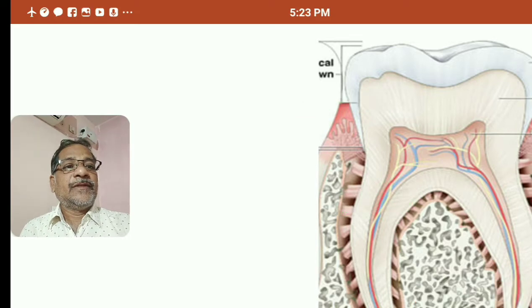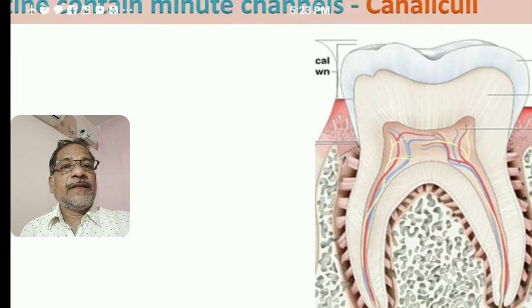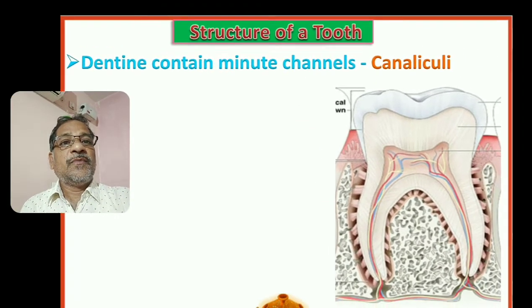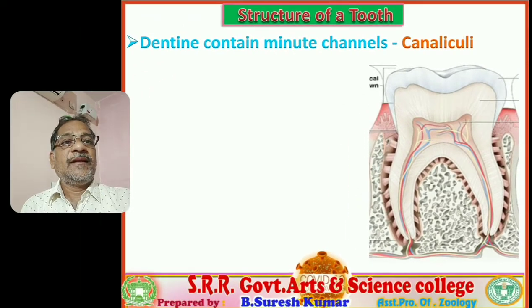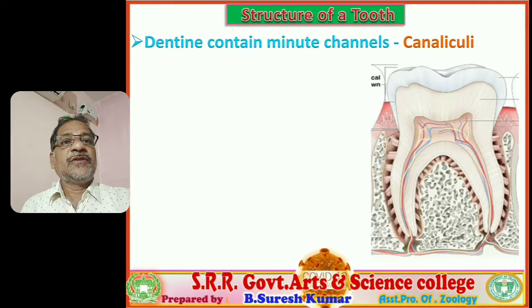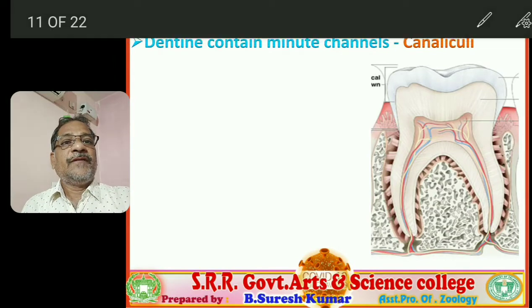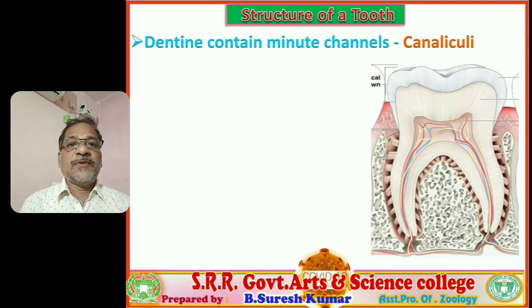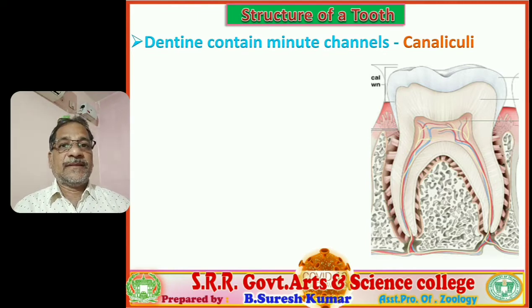If we observe teeth, they are homologous to bone. Remember this, it is a homologous structure to bone. When we observed a section of bone, in the bone also we found canals, Haversian canals. In place of Haversian canals, here in the teeth, canaliculi are present.